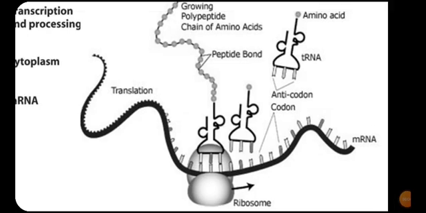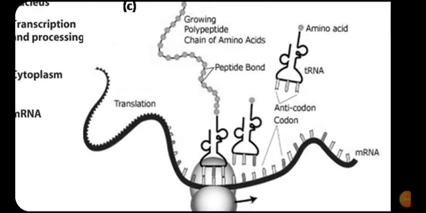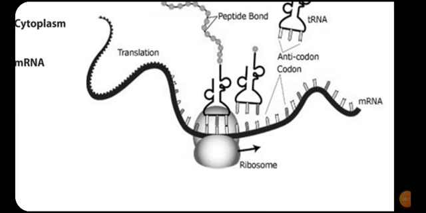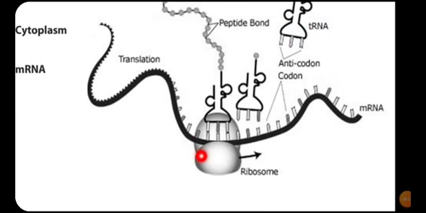Then in the cell we have tRNAs. One thing is there that this ribosome also contains RNA, and that RNA helps in the binding of this mRNA to ribosome. So I'll repeat, the RNA which is present in ribosome helps in the binding of mRNA to ribosomes.